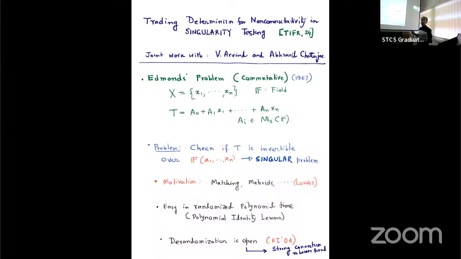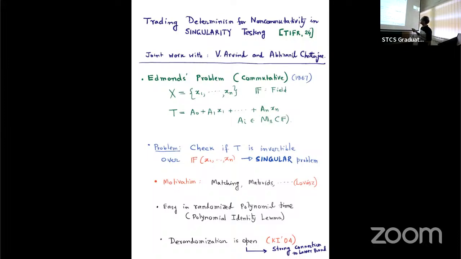You have a set of variables x1 to xn, nothing non-commutative. These are normal commutative variables, and you have some field, and you are given a linear matrix T, which is A0 plus every other matrix scaled up by the variable x and added.